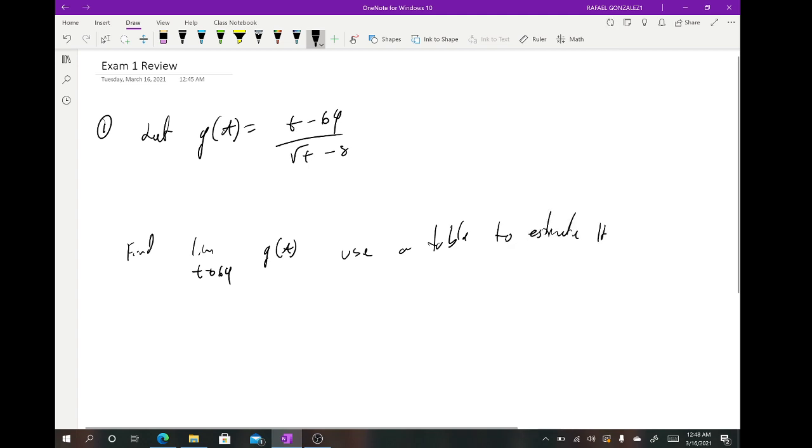Clearly, we cannot plug in, and the reason is because we're going to get indeterminate form. If you plug in 64 for t, you get 64 minus 64 divided by the square root of 64 minus 8. That's equal to 0 over 0, which is indeterminate.